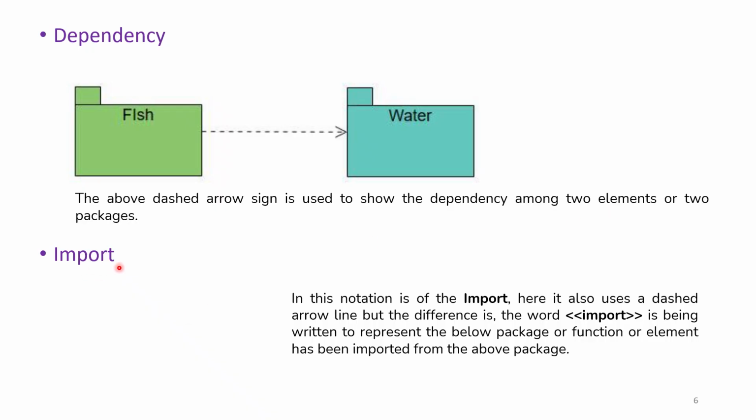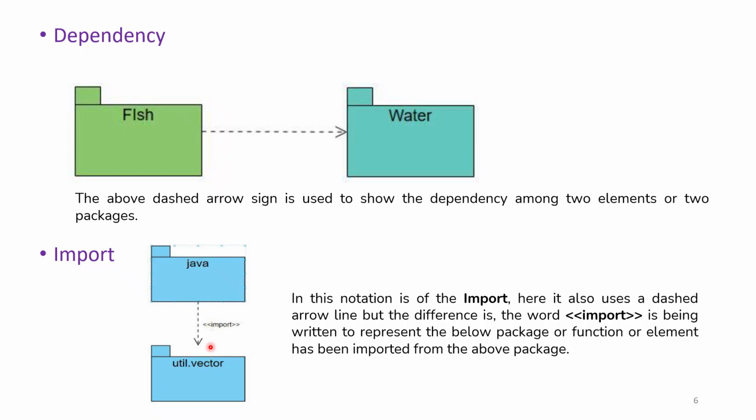What do you mean by import? Here, in the import, we are also using a dashed line between java and util.vector. These are two different packages. What content are we trying to import from one package to the other? That is the import.